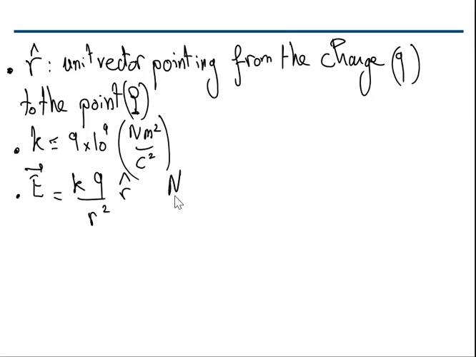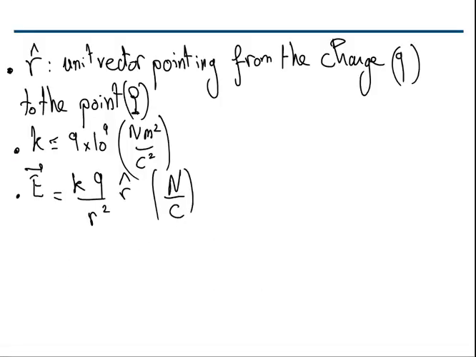Its unit is Newton per Coulomb, because it's a force divided by a charge. Did we take the absolute value of Q? No, we don't take the absolute value of Q. It's okay. So this is a short summary of what we're going to learn today.